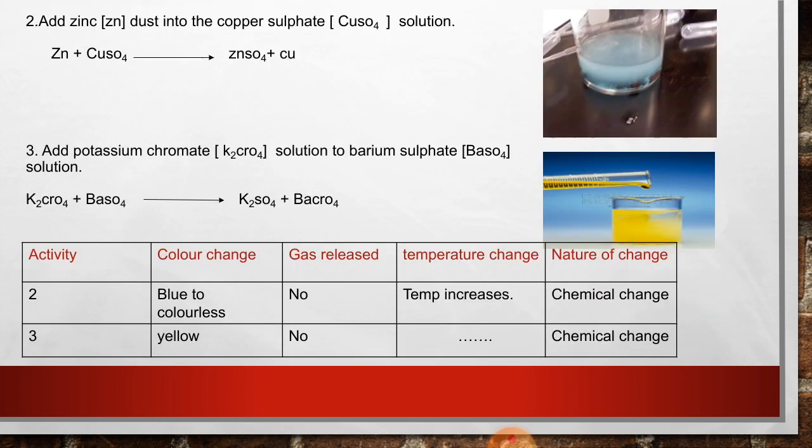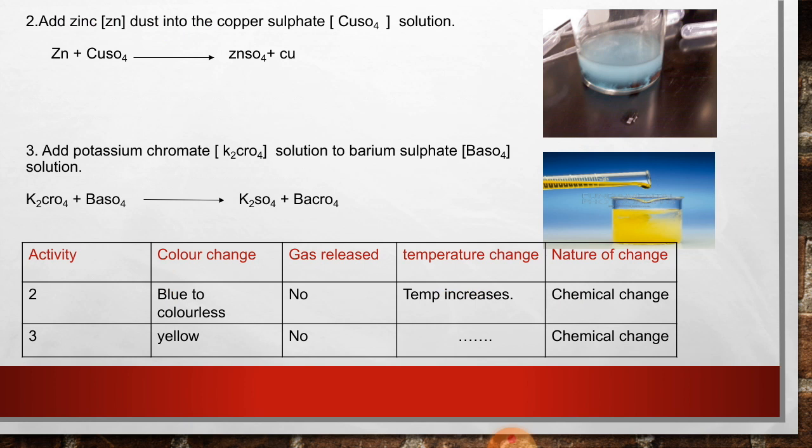Then add zinc (Zn) dust into copper sulfate (CuSO4) solution. When we add zinc into the copper sulfate solution, we get zinc sulfate and copper, and here the color changes from blue to colorless. No gas is released, the temperature increases, and it is a chemical change. Then add potassium chromate (K2CrO4) solution to barium sulfate (BaSO4) solution.